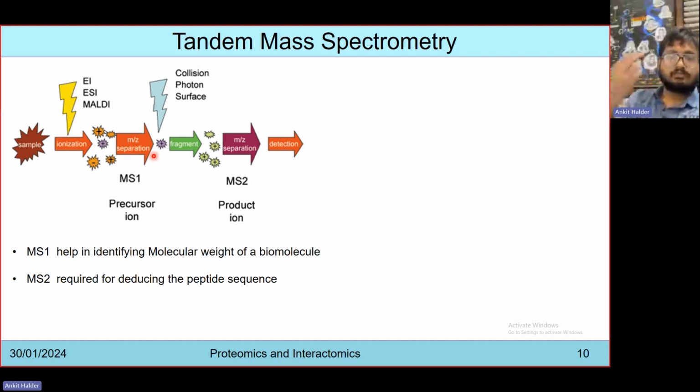If you just recall, the mass spectrometers are just measuring the m/z ratios, the mass per charge ratios.